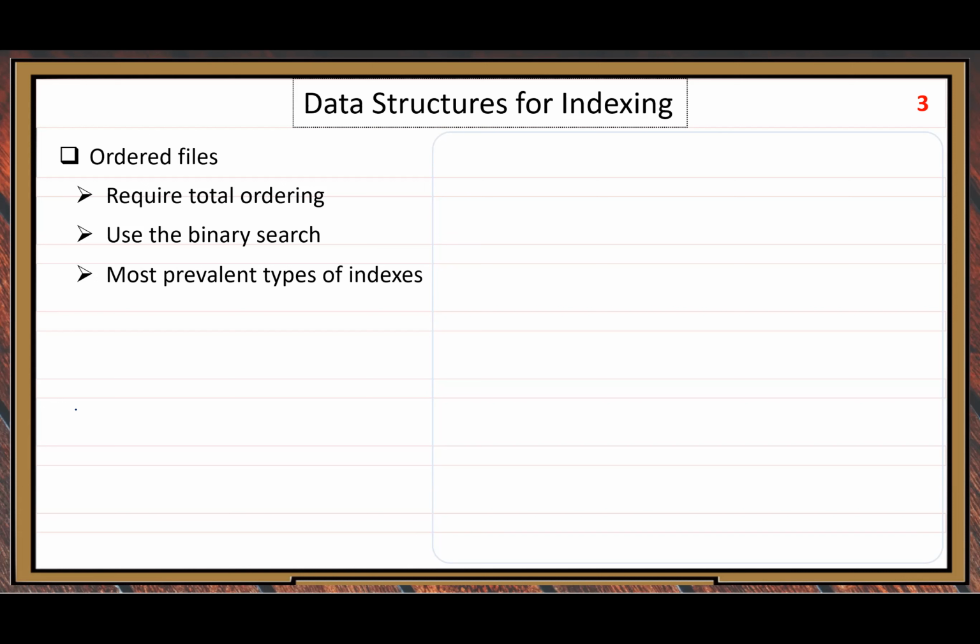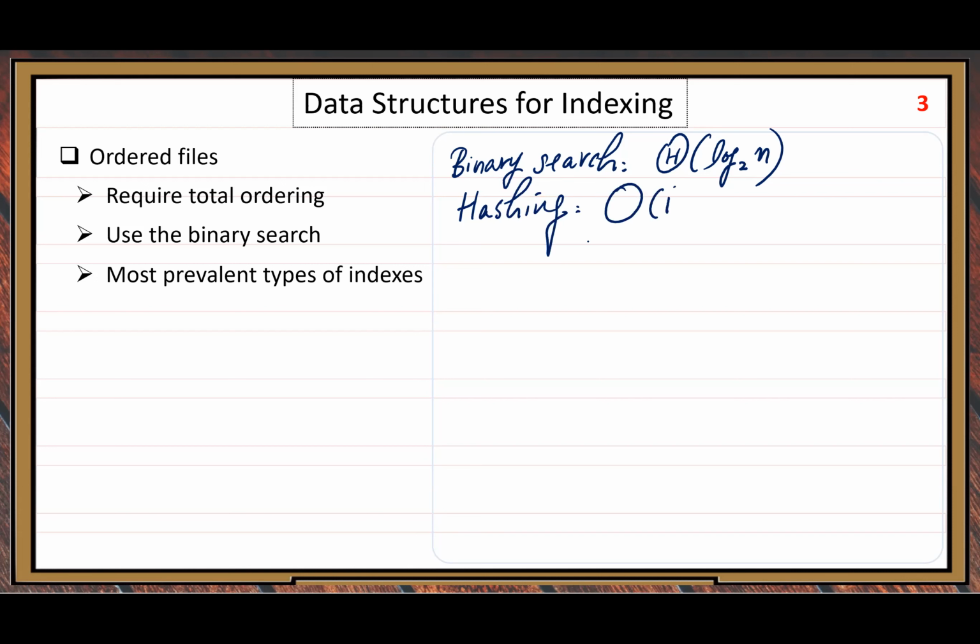First, we know the binary search has search performance of big theta of log base 2 of n, and the hashing is big O of 1, the average case. Actually, the average is also in this category, although we say worst, but average also in that category.